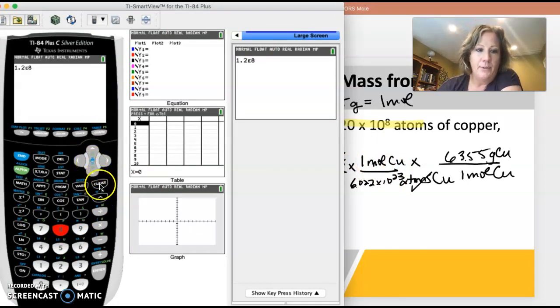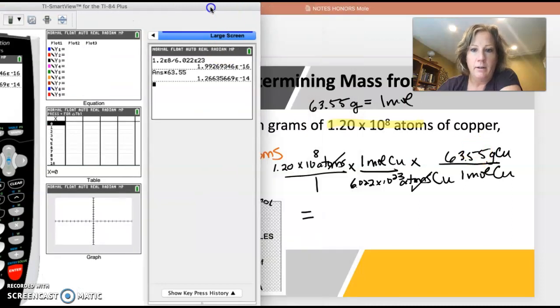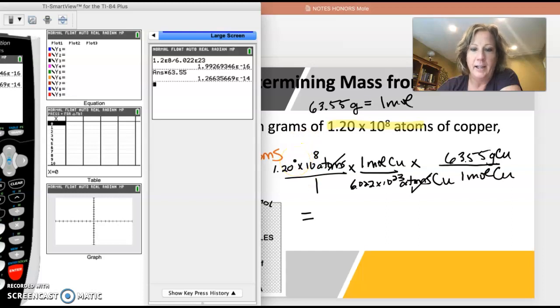The next step is to divide by Avogadro: 6.022, second EE, 23, and hit enter. And then I'm going to multiply by 63.55. You could have taken this times this and then divided. I always do this, I call it the zigzag technique, where I take this times, divided by, and then enter.